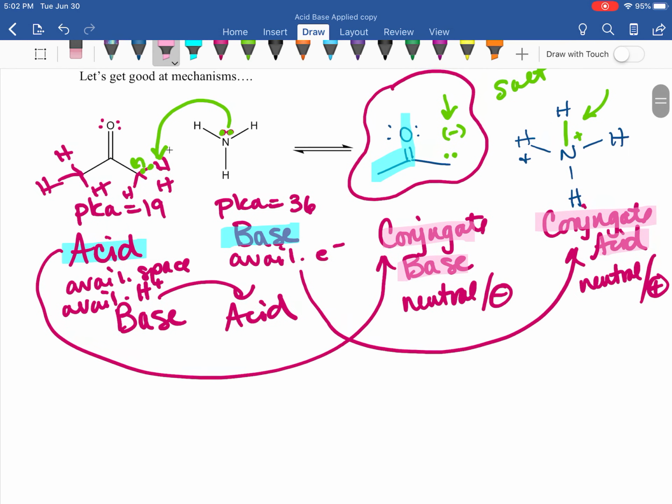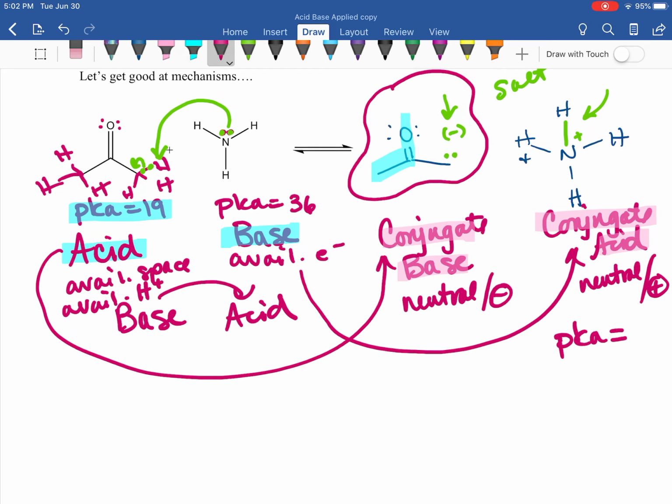Let's go back up to our vocab, and we're going to add one more piece of information. That piece of information is an additional pKa. We have a pKa for our acid. Let's get a pKa for our conjugate acid. And then we're going to compare our equilibrium.